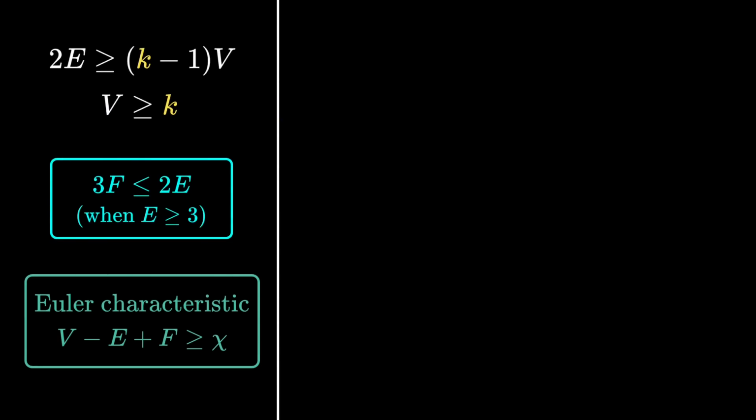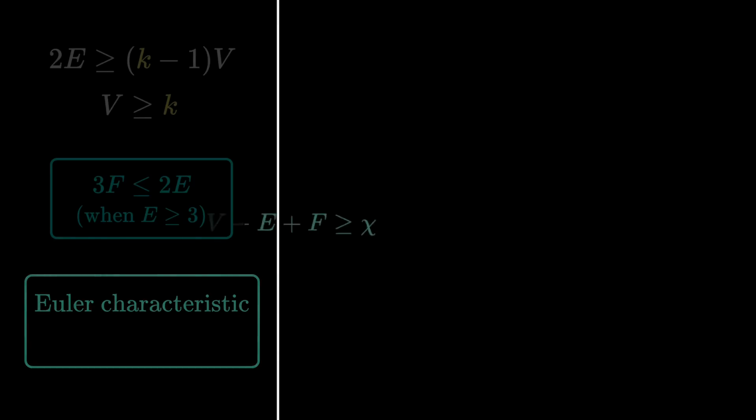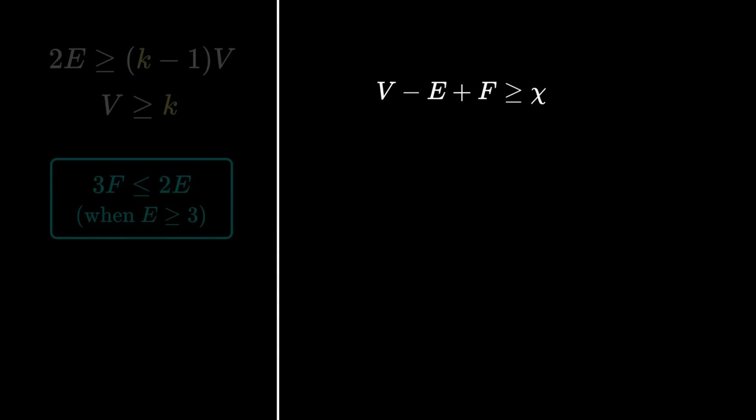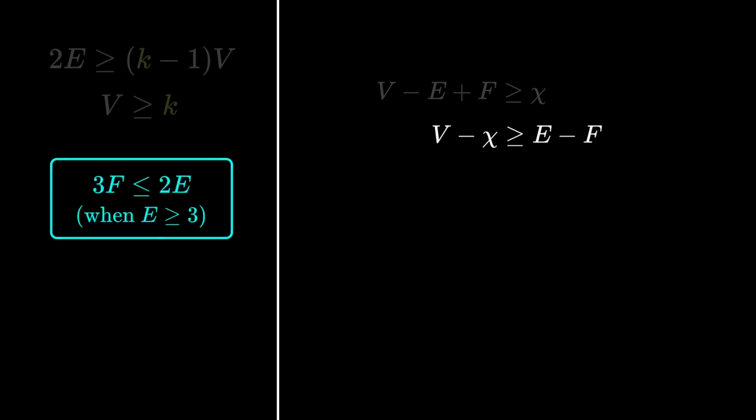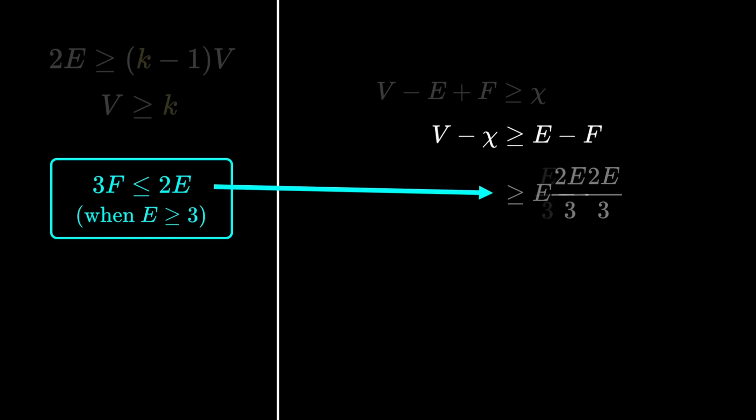The first one we use is the Euler characteristic inequality, in which we can move the e and f to the other side. Then, we use the 3f ≤ 2e inequality to deduce the right-hand side to be larger than e minus 2e over 3, which is e over 3.